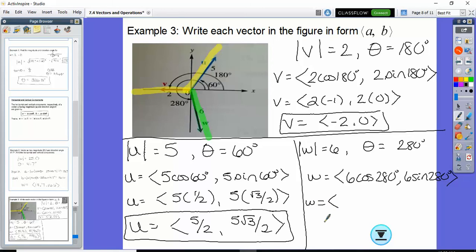So 6 cosine of 280 gives us 1.0419. 6 sine of 280 is -5.9088.